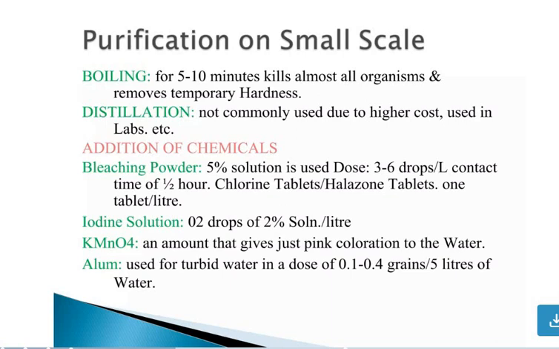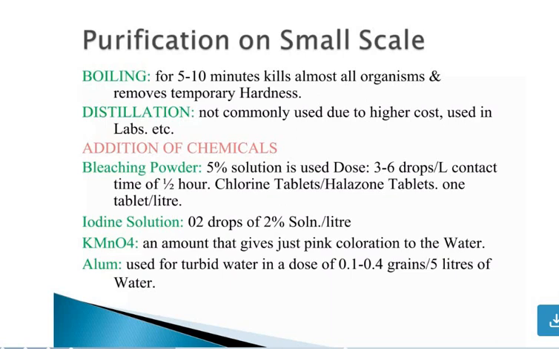Chlorine tablets, halogen tablets, 1 tablet per liter. Iodine solution, 2 drops of 2% solution per liter. KMnO4, an amount that gives just pink coloration to the water. Alum, used for turbid water in a dose of 0.1 to 0.4 grains per 5 liters of water.